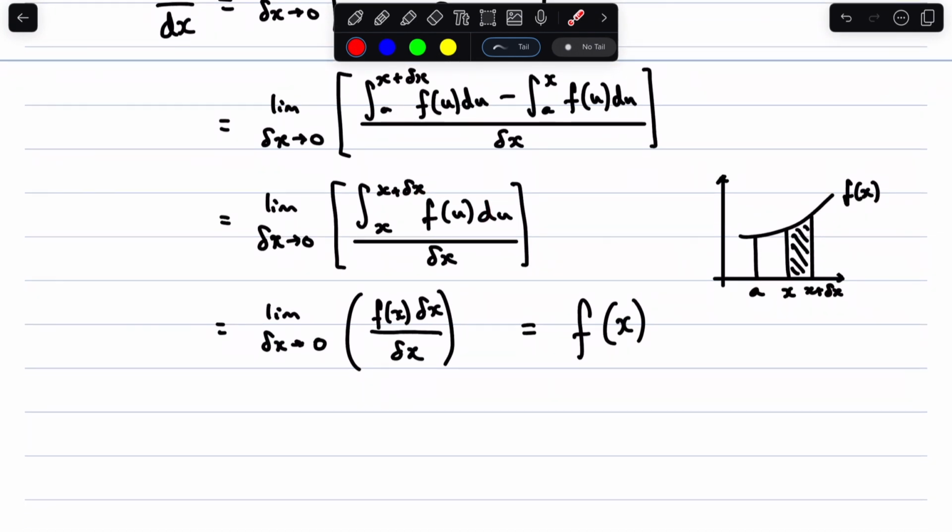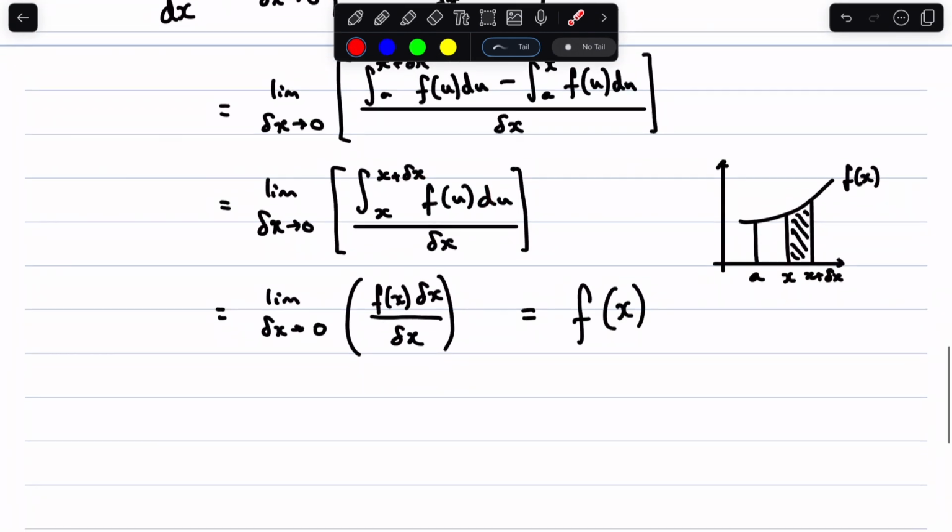What does our limit as delta x tends to 0 mean graphically? All we're doing is decreasing delta x so that this line will inch closer and closer towards x, and in the limit as it tends to 0, it'll just be a line on x.